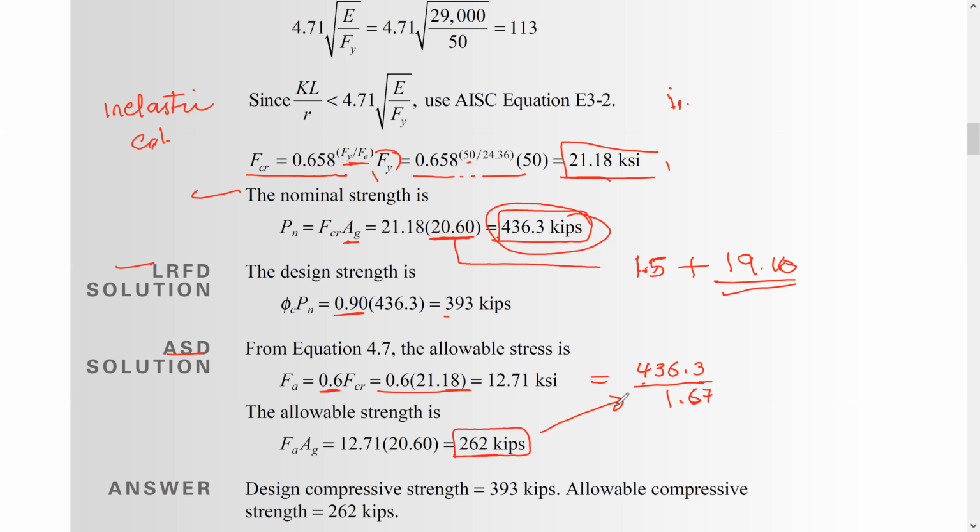So the answer for the LRFD method is 393 kips, and for the ASD method it is 262 kips. So this is the compressive strength for this built-up section. This is the design strength and this is the allowable strength.